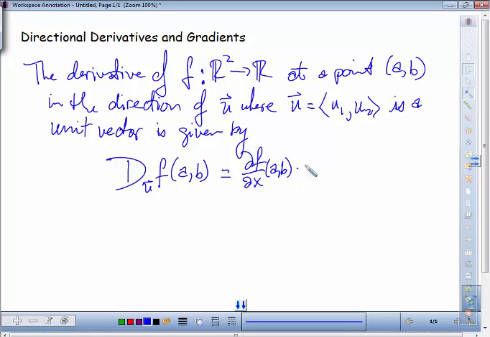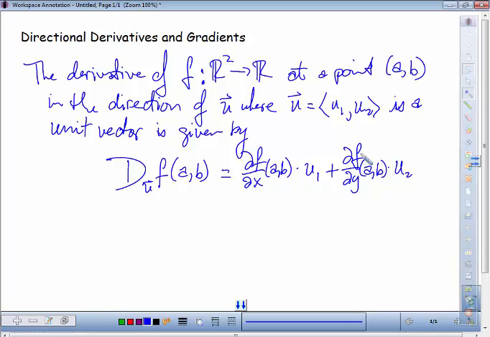And we're going to multiply it by u1, the first component. And then you're going to add the partial of f with respect to y evaluated at (a, b), and then multiply that with u2. Not a vector, just a scalar. So these are just regular scalar multiplications.